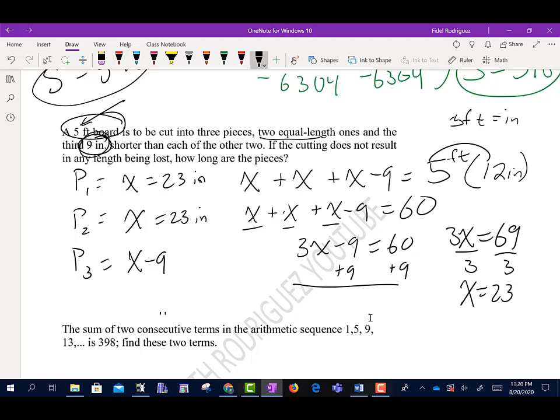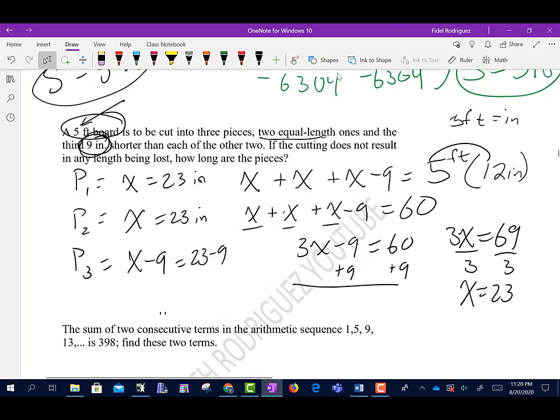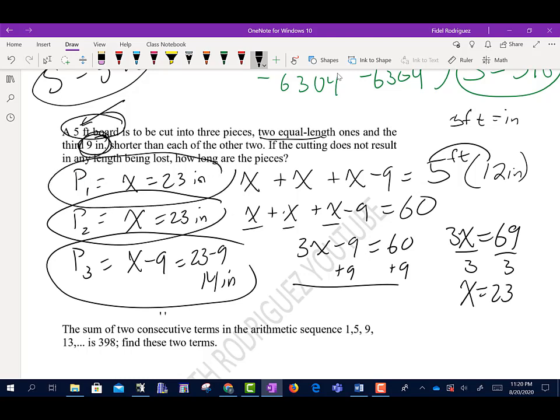This piece is 23 inches. This is going to be 23 minus 9, which, let me grab my calculator again, I want to say maybe 14. There we go, 14 inches. And we found the lengths of each of those pieces.